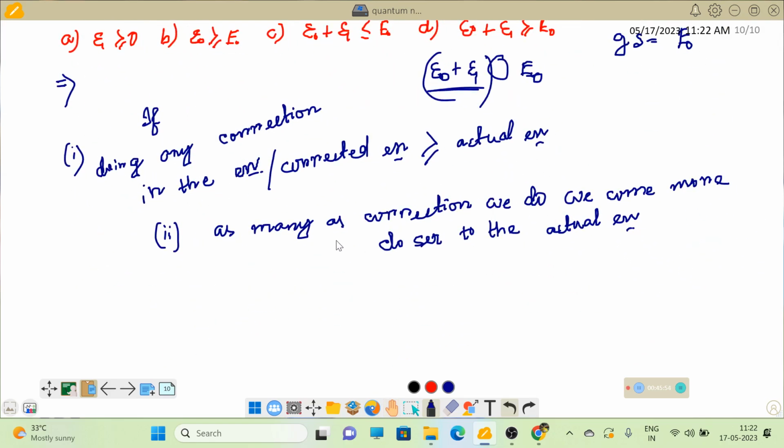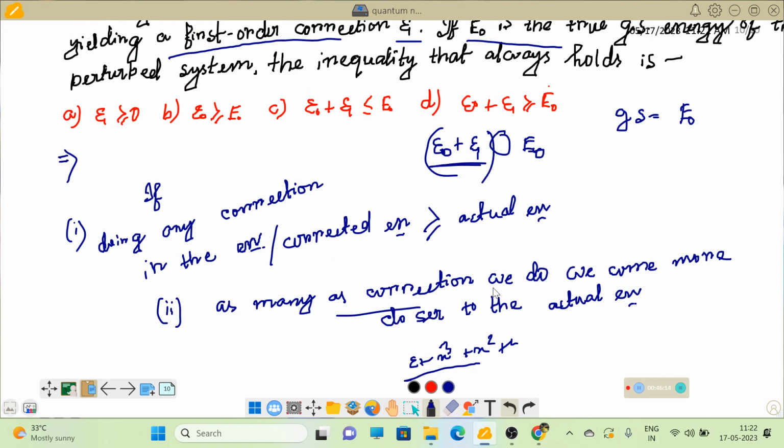So as many corrections, if you see the corrected formulas like E plus some x function, again some x function, again some x function, it will be closer to the ground state energy than the less corrected functions. So here the answer, I think you already know that.